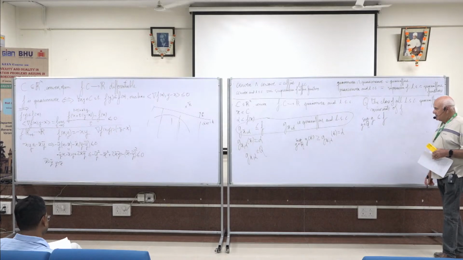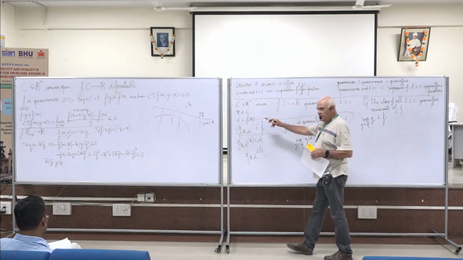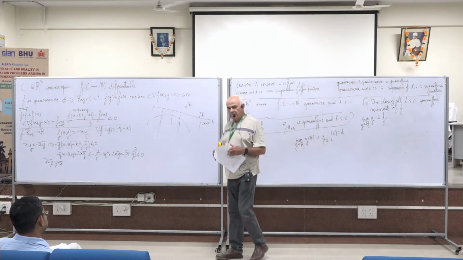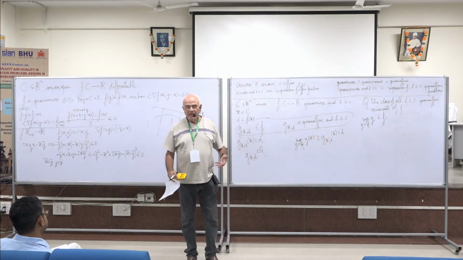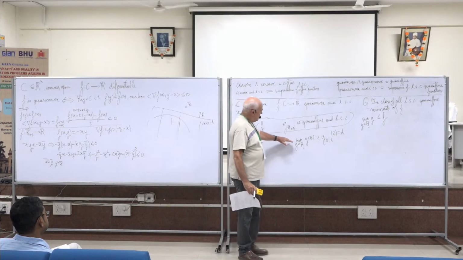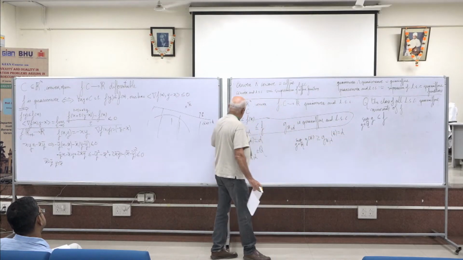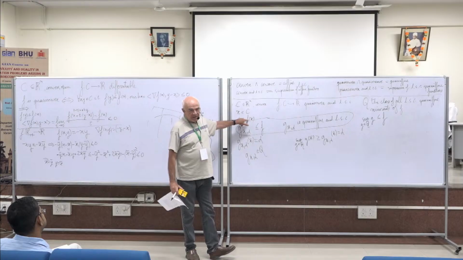And now that's it. No, because alpha is any value smaller than f of x bar. So again, the argument we have used repeatedly: if you have a number which is greater than any number smaller than another number, then you have the inequality.